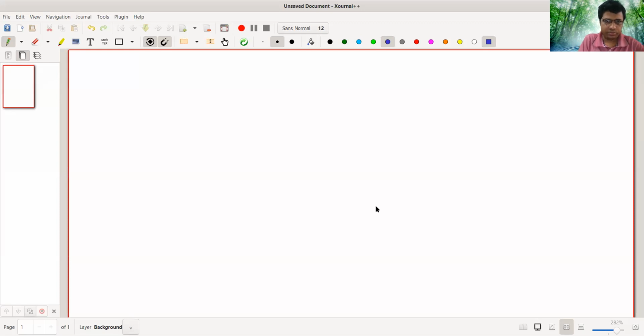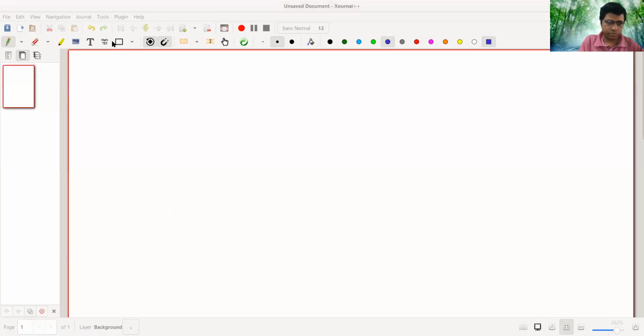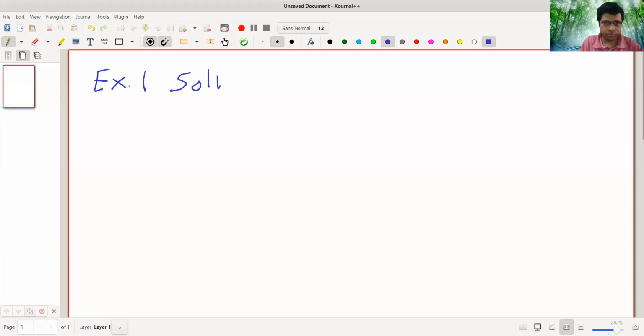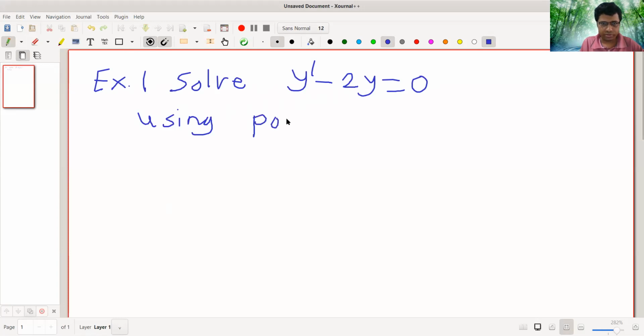First example is: solve y dash minus 2y equal to 0 using the power series method.